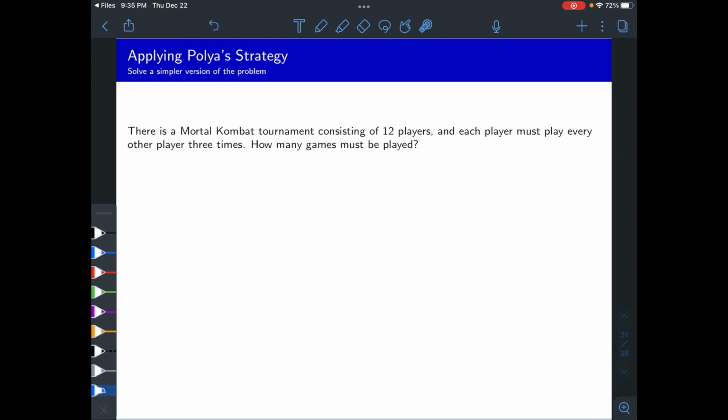So here we have a Mortal Kombat tournament. It's just a video game. The tournament has 12 players, and every player must play each other 3 times. How many games must be played? If you were to solve this normally, you might start by just drawing 12 people: 1, 2, 3, 4, 5, 6, 7, 8, 9, 10, 11, 12.